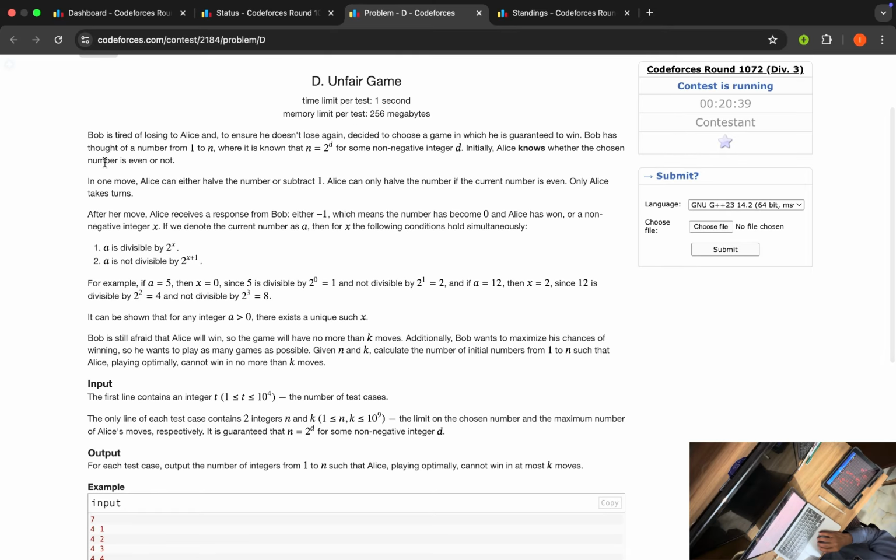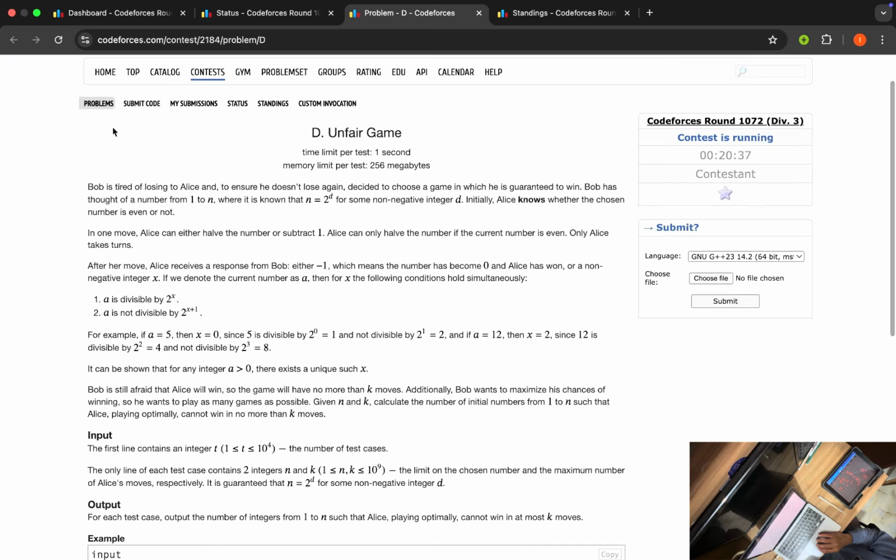Okay, Bob is tired of losing to Alice. To ensure he doesn't lose again, he decided to choose a number from 1 to n, where it is known that n equal to 2 to the power d, for non-negative integer d. Initially it is known whether the chosen number is even or not. In one move, Alice can either halve the number or subtract 1. Alice can only halve the number if the current number is even.